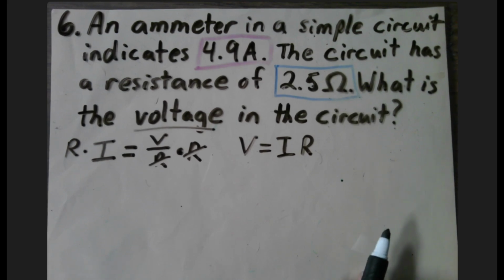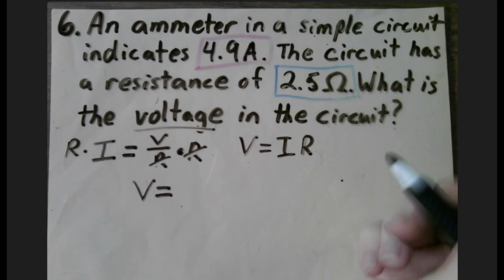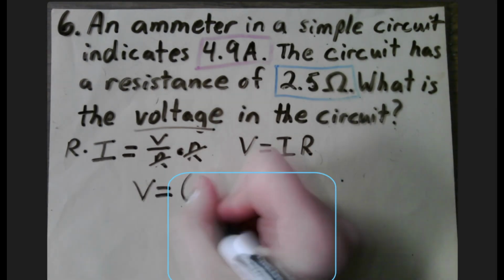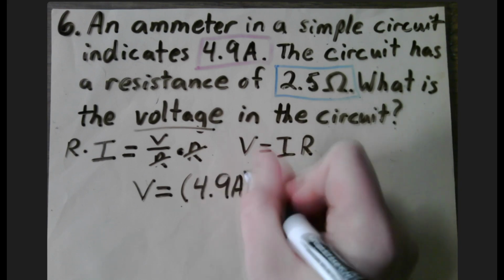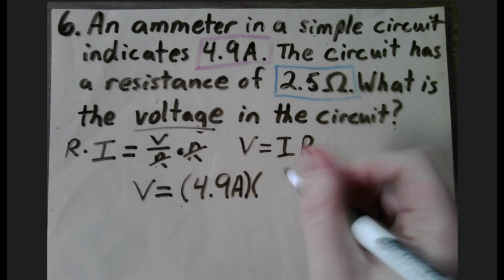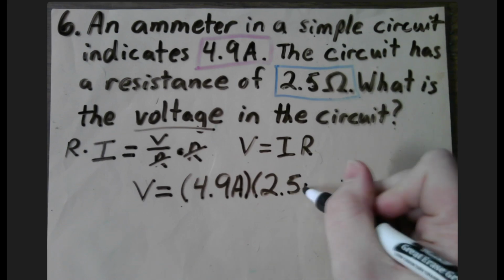So let's plug them into our formula. V is equal to 4.9 amperes multiplied by 2.5 ohms.